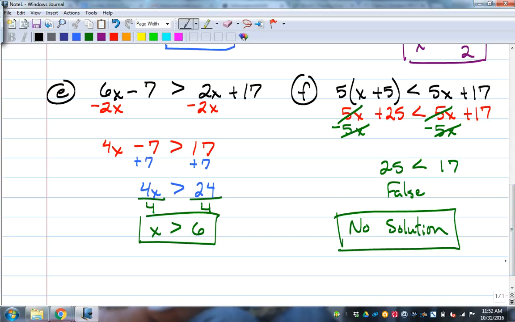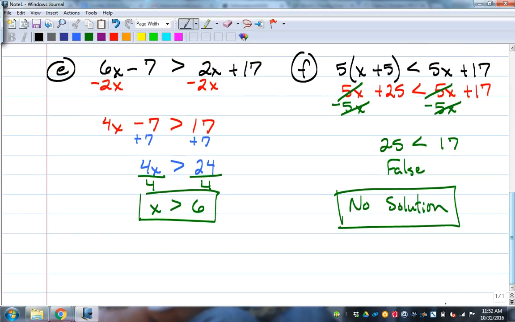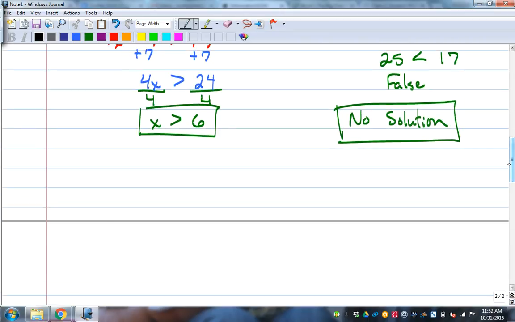Okay. So that was a little bit different because our variables canceled out completely. Look at example G. Let's say we had 1 minus 8x is less than or equal to negative 4 parentheses 2x minus 1.